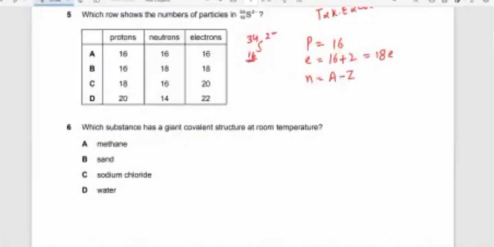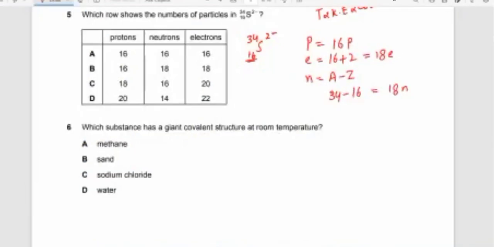Then neutrons. Neutrons are equal to mass number minus atomic number. The atomic mass is 34 and the atomic number is 16, so what do we get? 18. So 18 neutrons, 18 electrons and 16 protons.